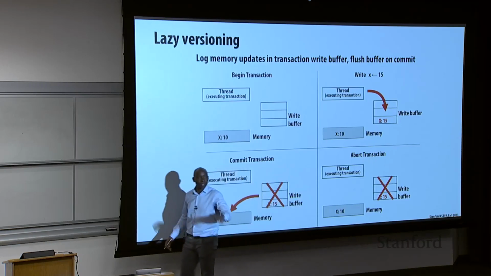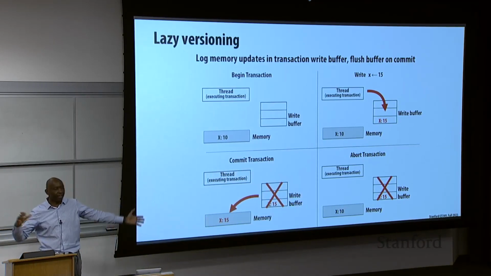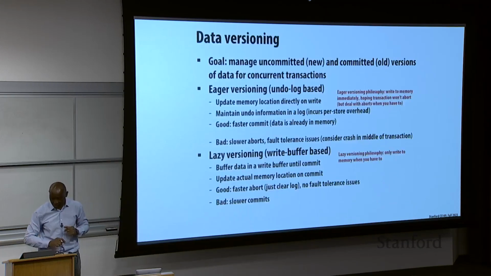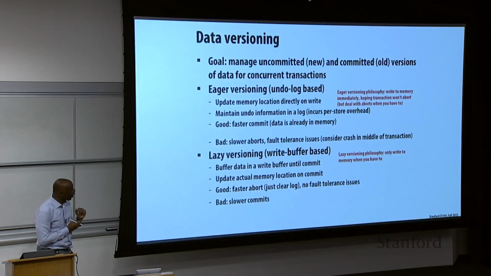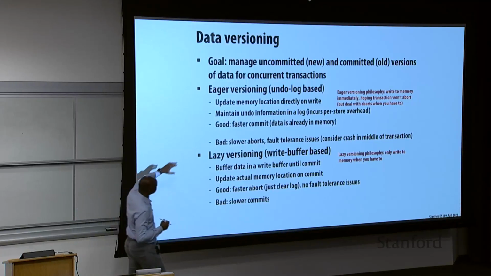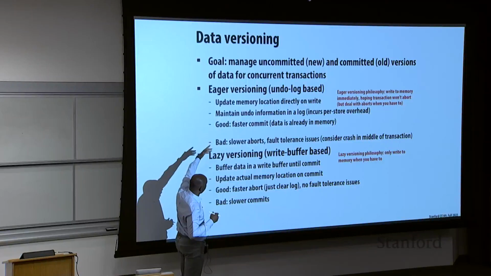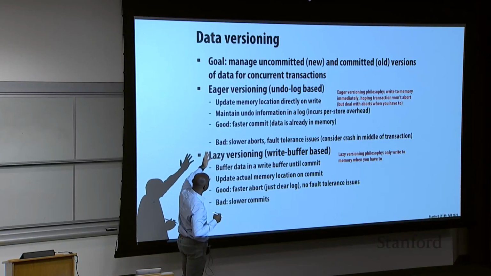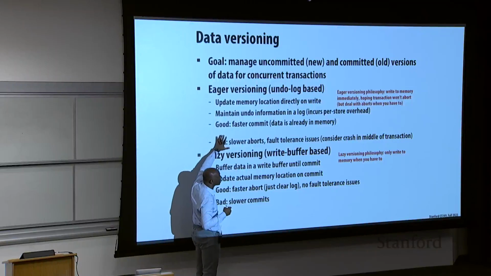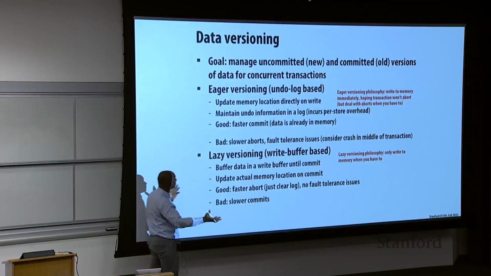Everybody understands the difference between being lazy and being eager? Now let's talk about the trade-offs between the two. In eager versioning, we update memory directly, which is good, and we maintain an undo log, so we get faster commits. The data is already in memory, and we only have to look in one place.